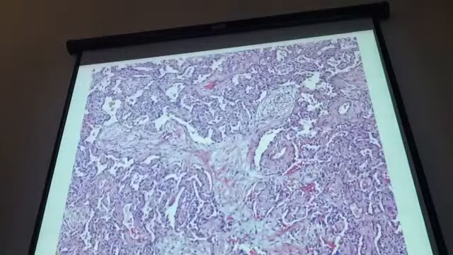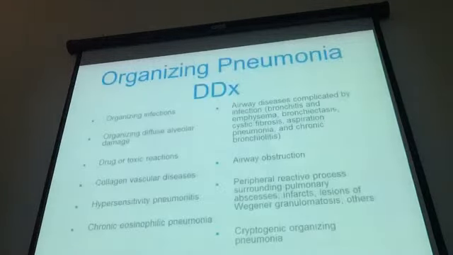So let's go back and look at the differential diagnosis for this disorder. As you would expect, infections can also produce organizing pneumonia and may be included in this pattern. Diffuse alveolar damage, later stage, can produce organization as well. And some drugs may also produce diffuse alveolar damage or organizing disorders. So those are the most important ones.